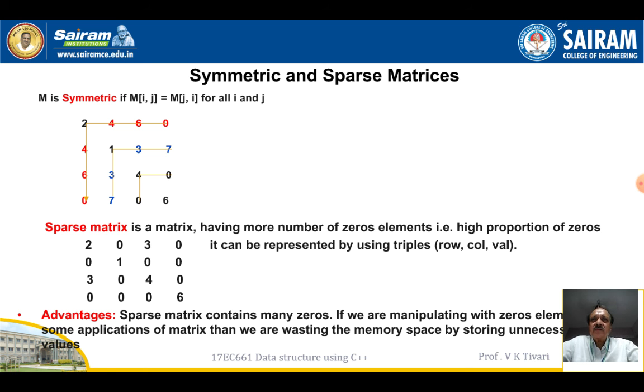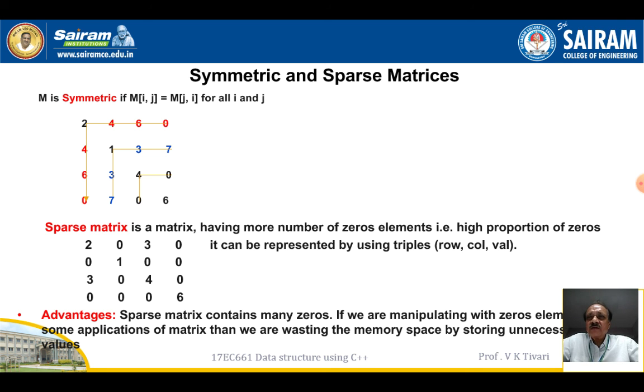Next topic is symmetric and sparse matrix. M is symmetric if M(i,j) equals M(j,i) for all i and j. You can see in the diagonal matrix 2, 1, 4, 6, the rows of the first column and row are all the same elements.